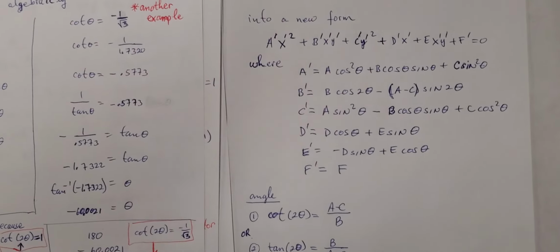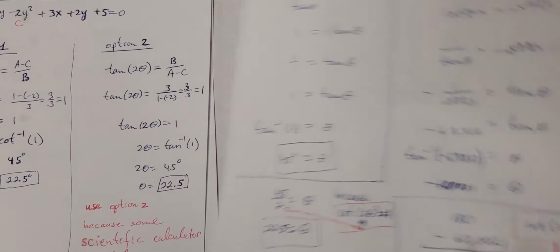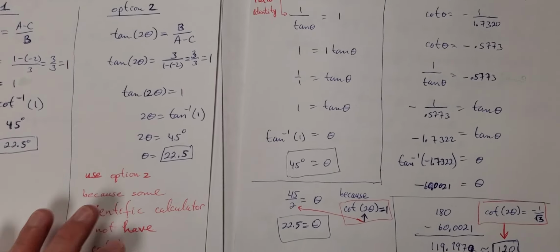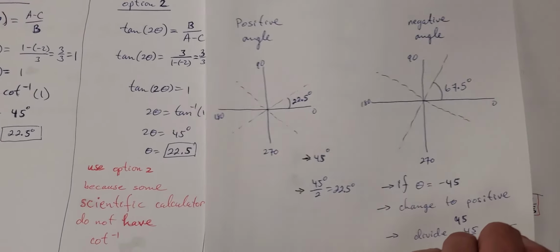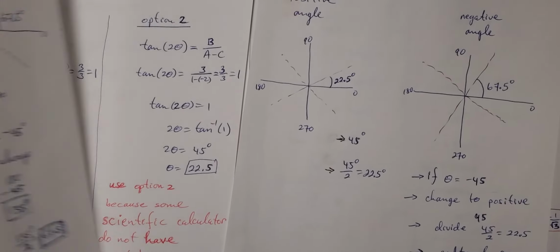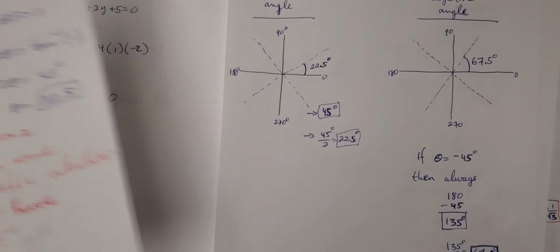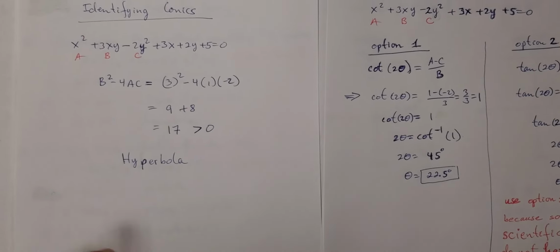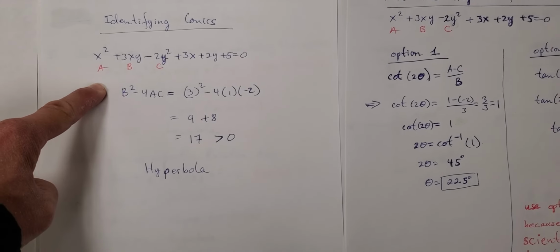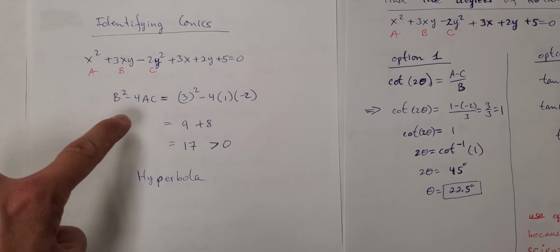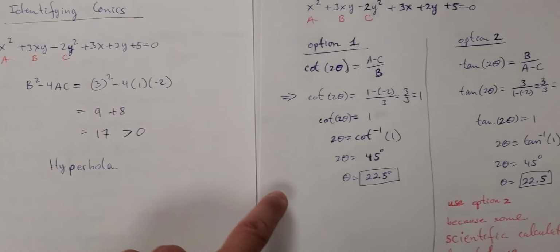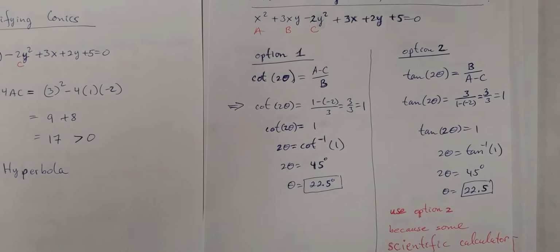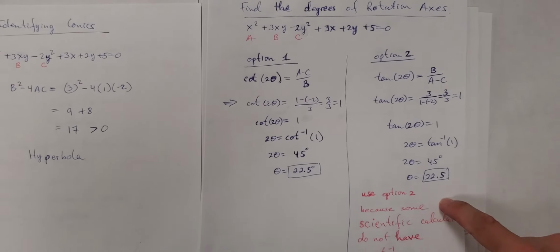So the main focus of today's class lesson is this. And when you do your homework, I just want these two. One, identify the conics, what kind of conic it is. Number two, find the angle of rotation.